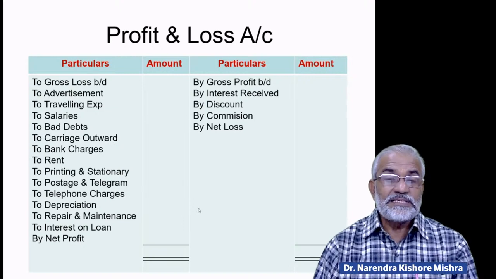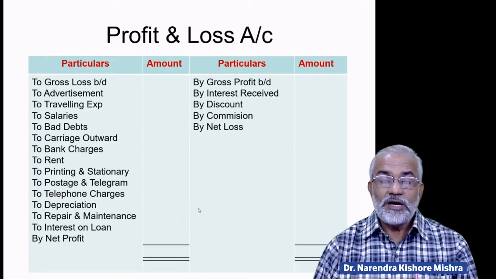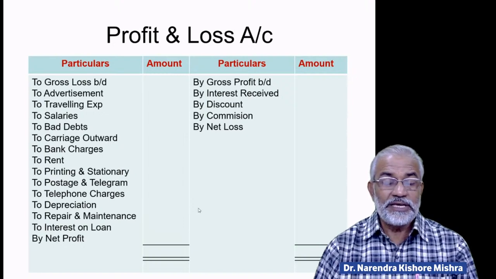Similarly, in case of expenses, it may be either outstanding expenses or prepaid expenses. Outstanding expense is a liability because it is payable to the persons to whom it is due. It's an obligation. Take the example of outstanding salary. Outstanding salary means salary due but not paid.